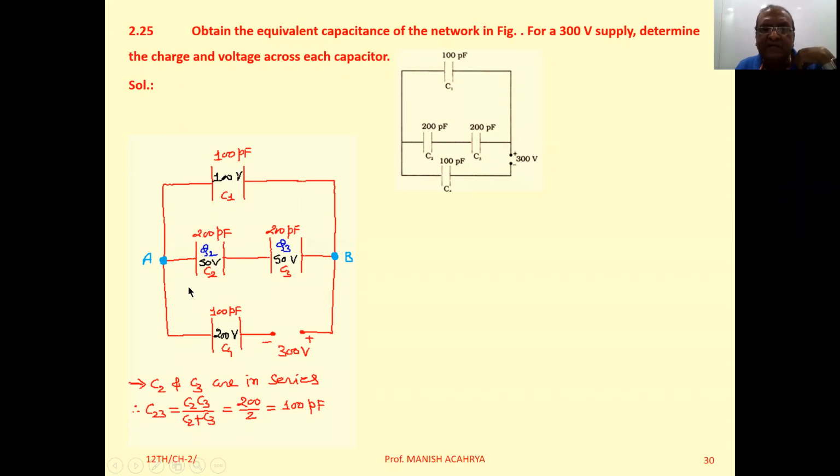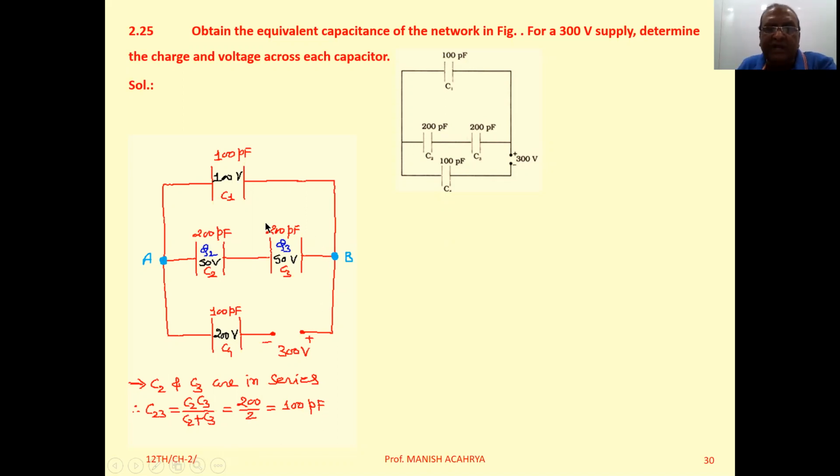So the resultant capacitance of the series combination of C2 and C3, that is C23, equal to C2 C3 upon C2 plus C3, or simply you can write C by 2, that is 200 by 2, so 100 picofarad.